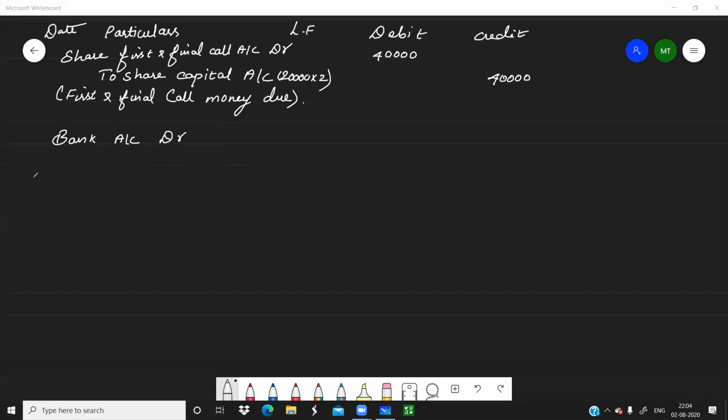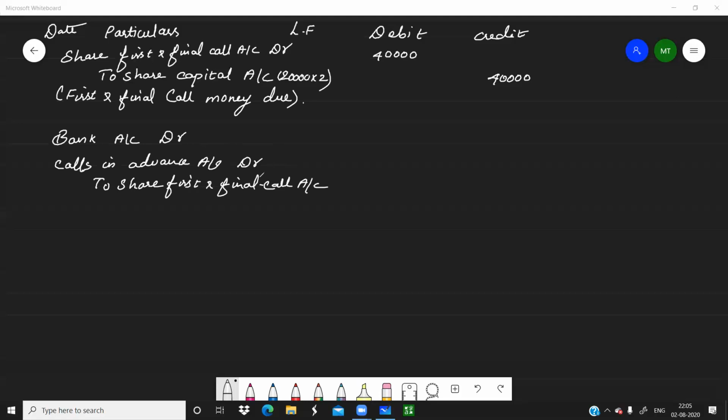So next one is bank account debtor, and when writing the last one, calls in advance account debtor to share first and final call account.